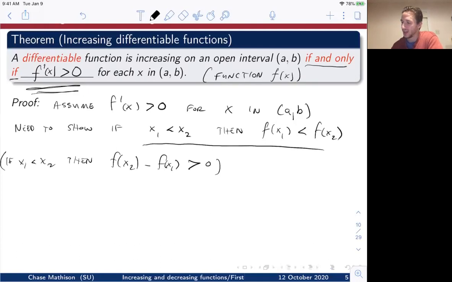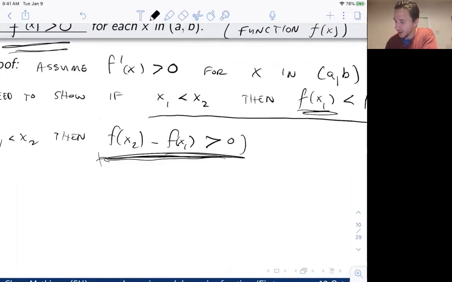Does everybody see that? If I subtract f of x1 from both sides of that inequality, I would end up with this. So I'm going to try to show this, and the way I'm going to do that is with the all-important, all-powerful mean value theorem.